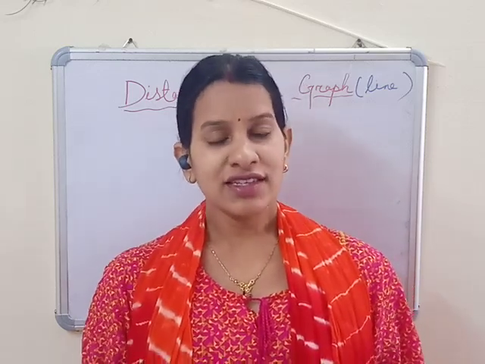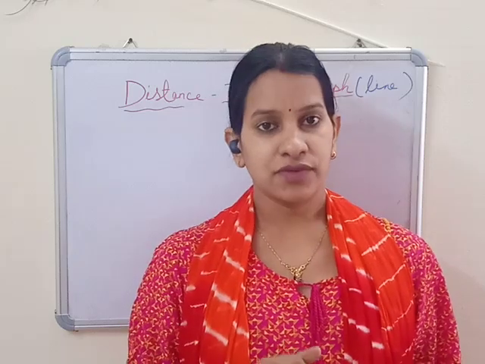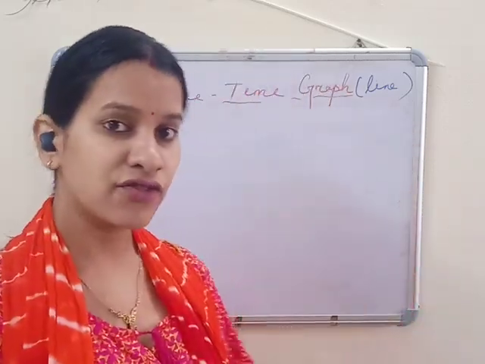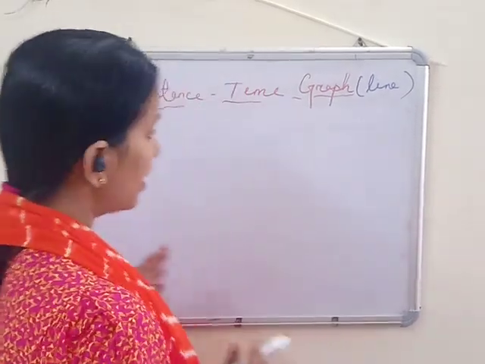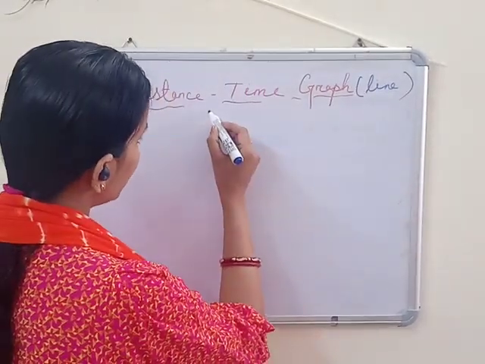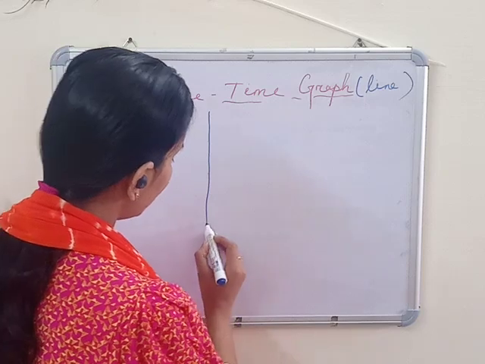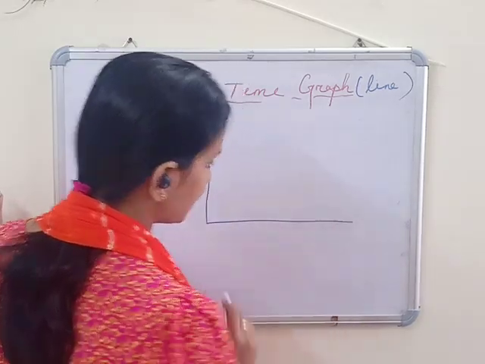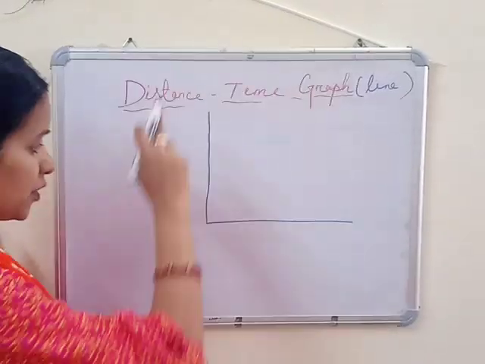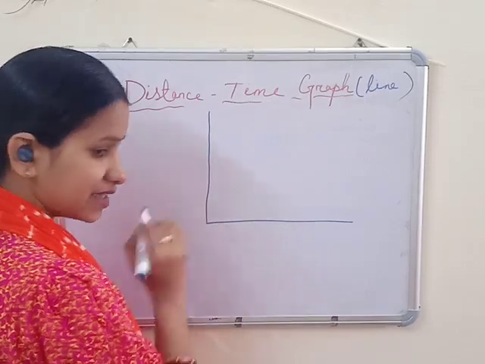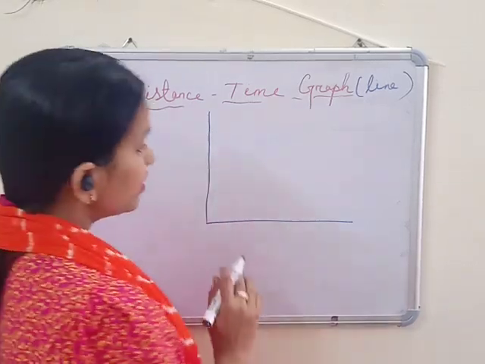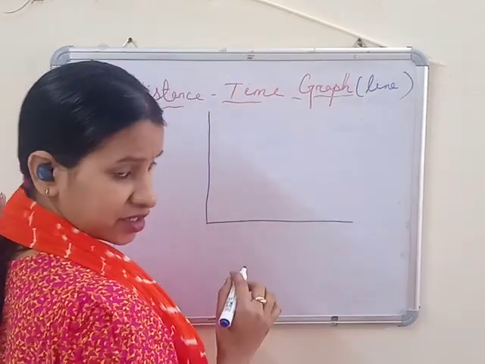Okay. So let's see how we can draw graphs. For a graph you need two perpendicular lines. So take a graph paper and draw two perpendicular lines, one vertical line and one horizontal line. Perpendicular means that the two lines must have an angle of 90 degrees. Then give the naming.